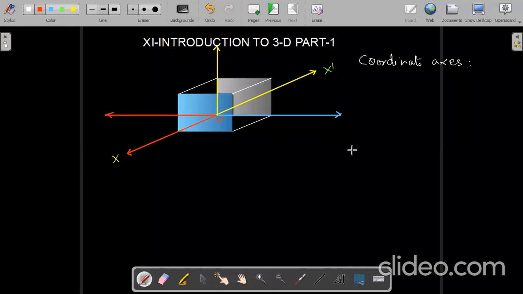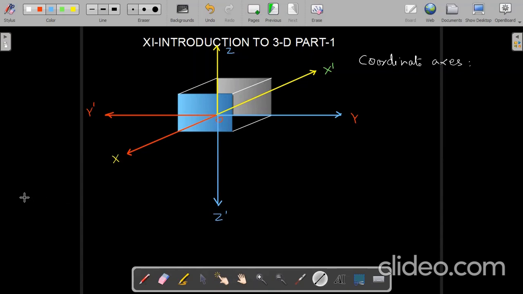So this is called Y dash, and when you extend this one, this is your Z O Z dash.